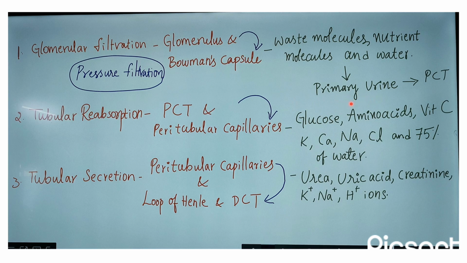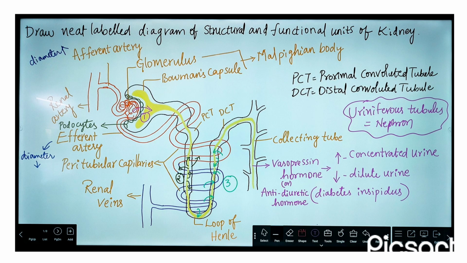Now this primary urine enters the proximal convoluted tubule, that is PCT, where the second step of urine formation takes place. So if you can see here, all this yellow colored thing that we have drawn is the urine. This whole yellow thing is urine.